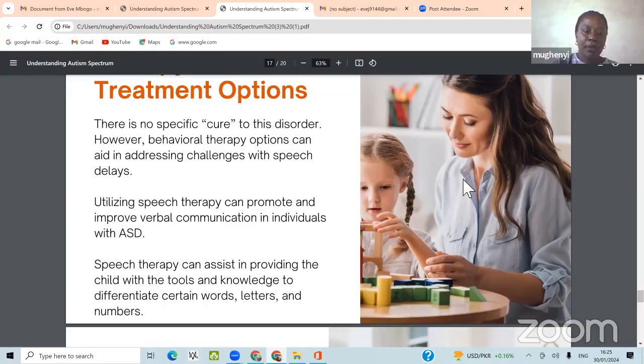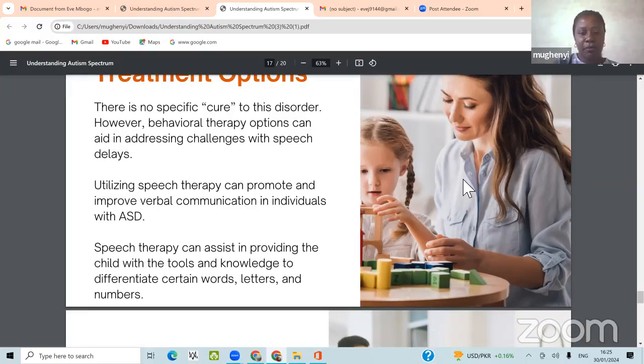So for speech therapy, it is better for families or parents to go to speech therapists so that they can have this speech therapy. It will help them because we use the mouth, or you can say the face, as we talk, and the mouth is like other parts of the human body, like hands and legs.